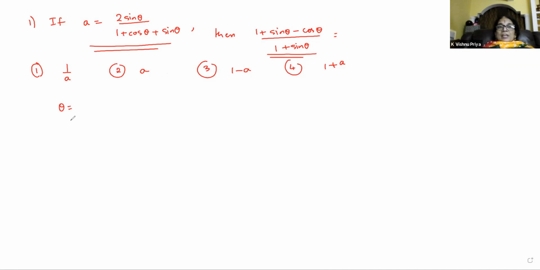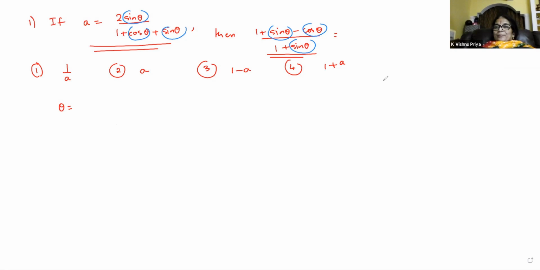But whenever you see sine and cosine, as here in this question, sine theta, cos theta, sine theta, you have to take theta either 0 degrees or 90 degrees. That will be easy for you.